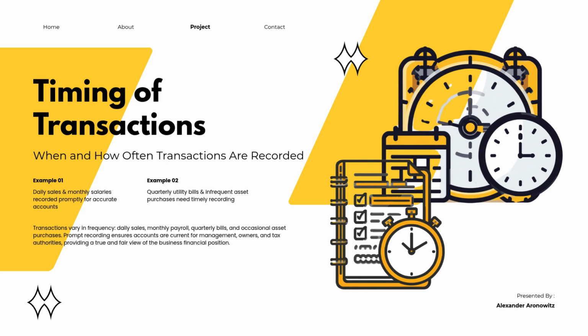A less frequent transaction would be payroll, the payments to employees, which is made on a monthly basis. The acquisition of equipment is even less frequent. So transactions vary in frequency: daily sales, monthly payroll, quarterly bills, and occasional asset purchases.